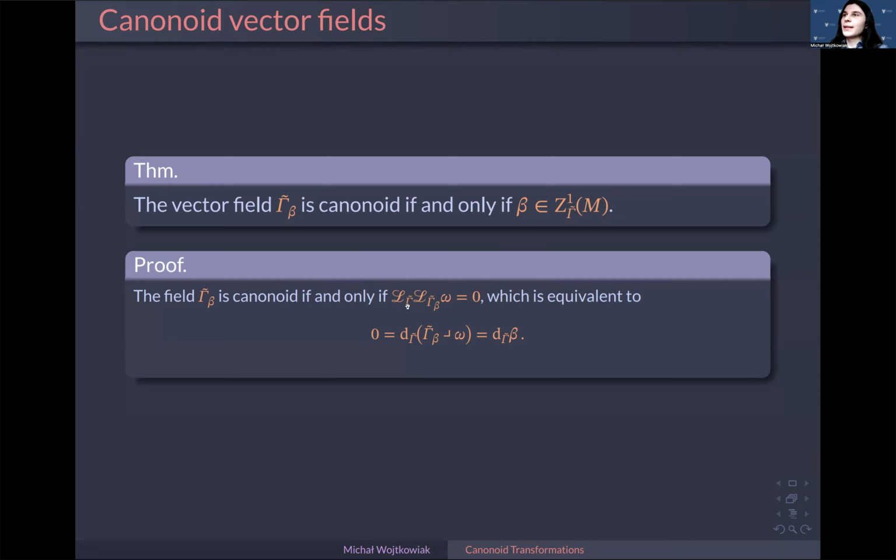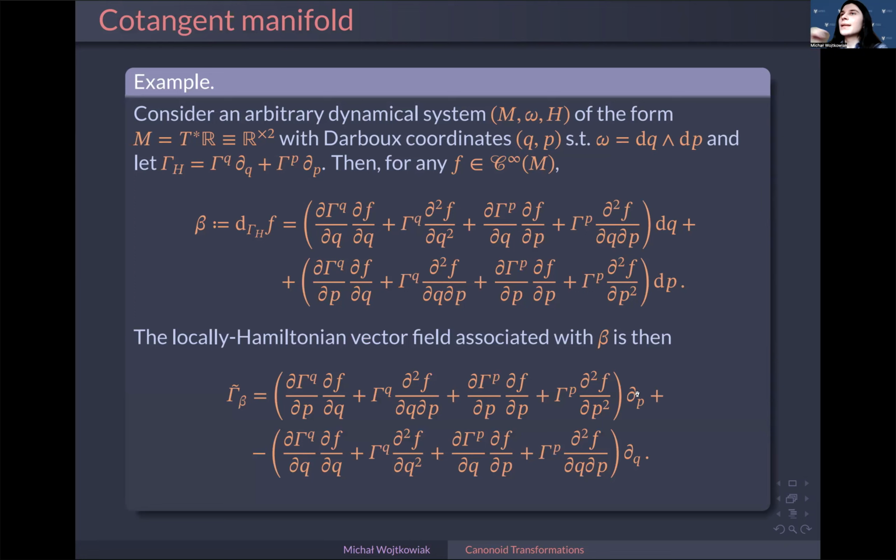And just by expanding the Lie derivative and using the co-boundary operator, we can see that it's zero only if the gamma differential of the one form is zero. So when the one form is closed. Yeah, this is the example.